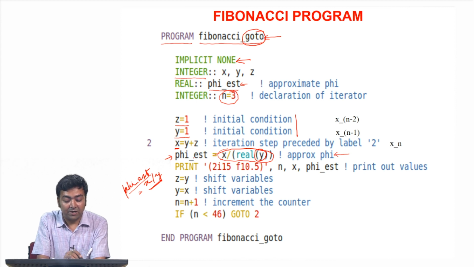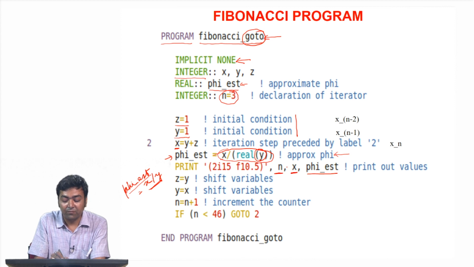Then once I am done with computing the value of the phi, I want to print three things here. First is the iteration number, that is which number of the series this is, which is denoted by n. Then I print the number x, and then the estimate of the ratio of n and n minus 1.